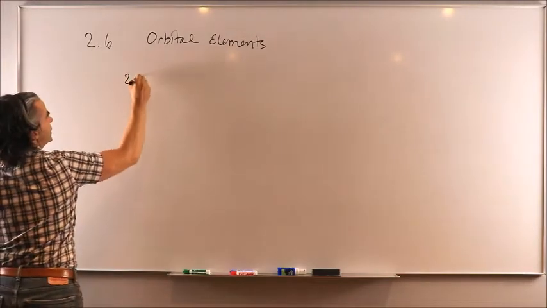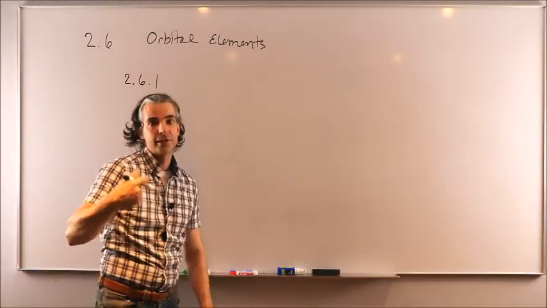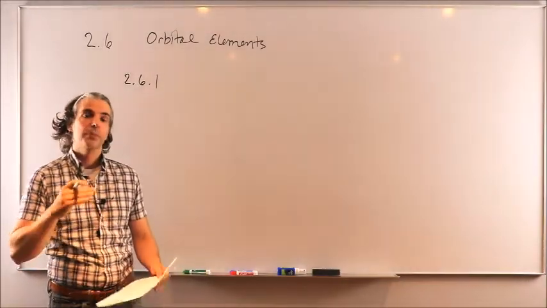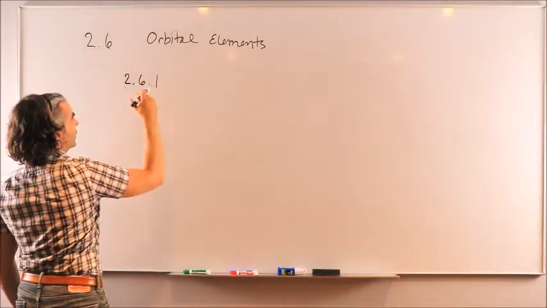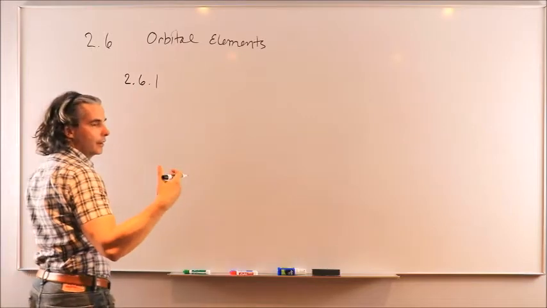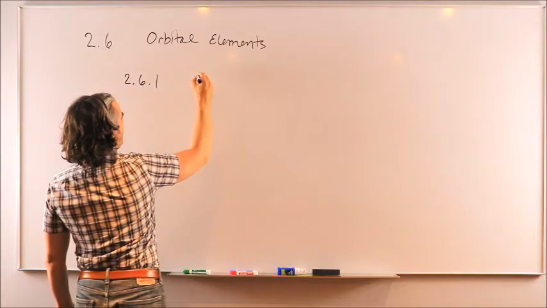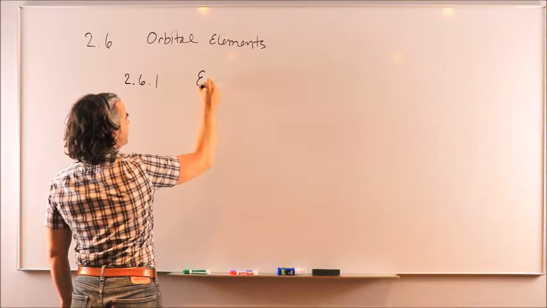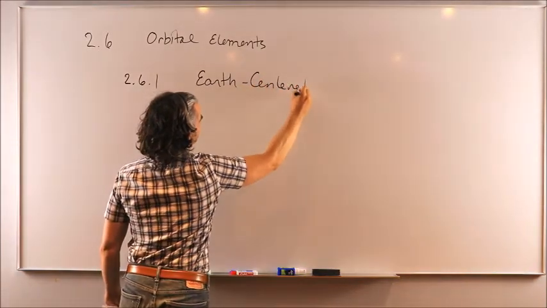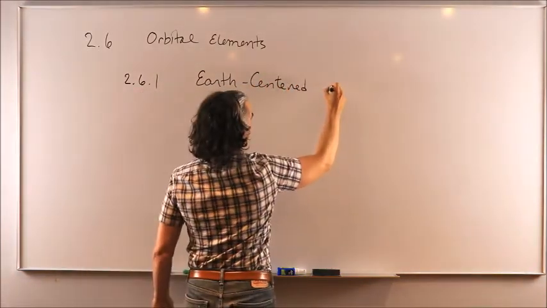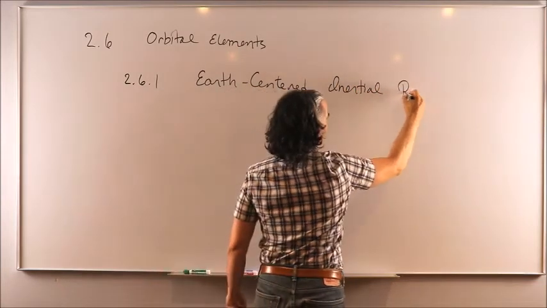So in 2.6.1, because orbital elements are used to define the shape, size, orientation of the orbit, and position of the spacecraft along the orbit, we need to define what our reference is with which we're going to determine the orientation of the orbit. Okay? And that reference frame is known as the Earth-Centered Inertial Reference Frame.